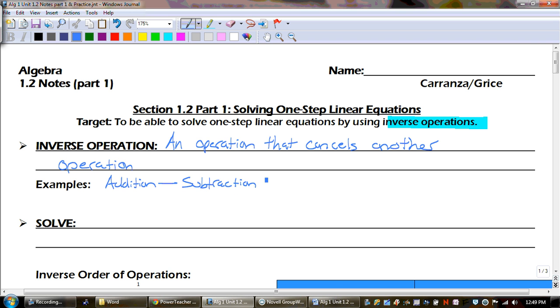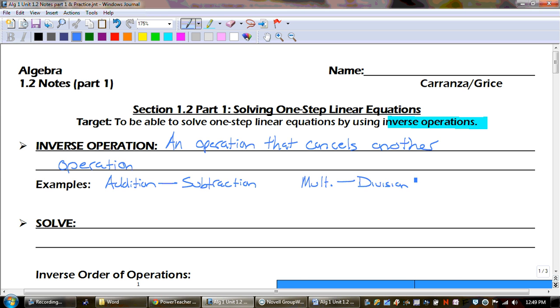And if I had subtraction and I wanted to get rid of it, I would use addition. The other main one we're going to talk about today is multiplication. The way to get rid of multiplication is with division. And if I have division and I want to get rid of it, I would use multiplication.